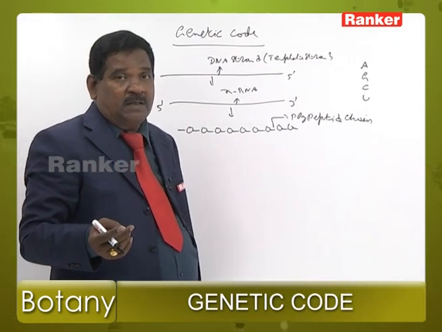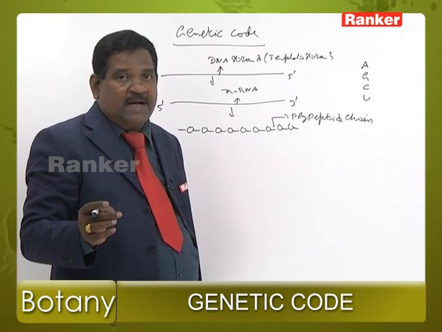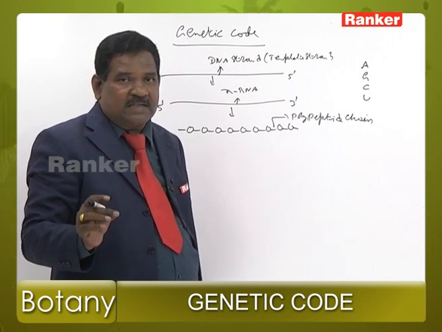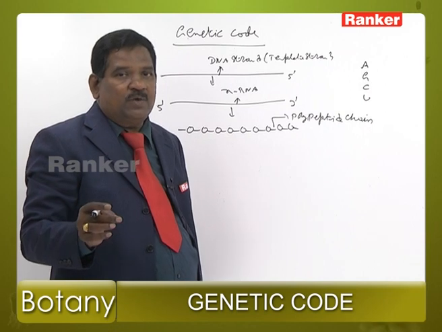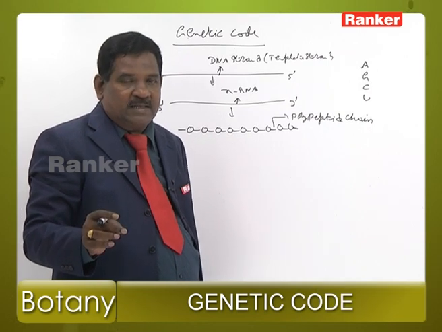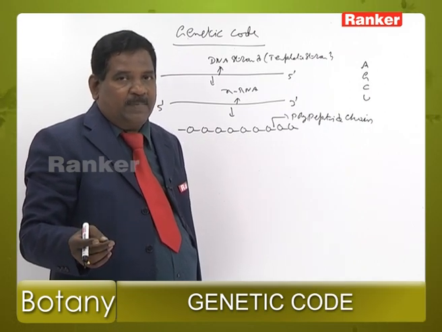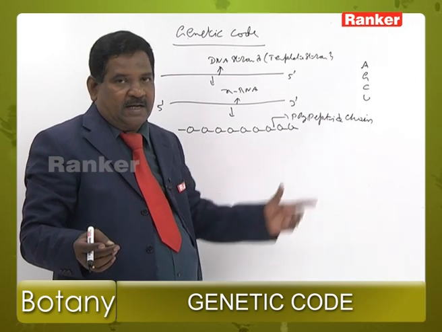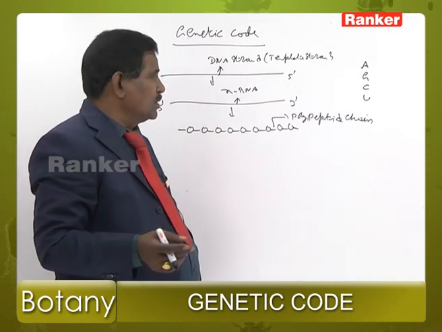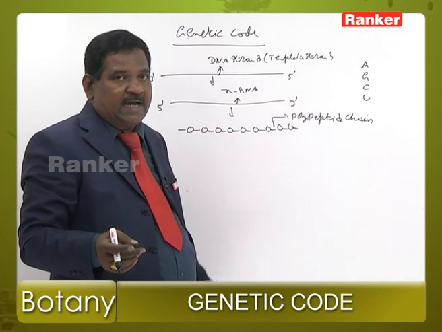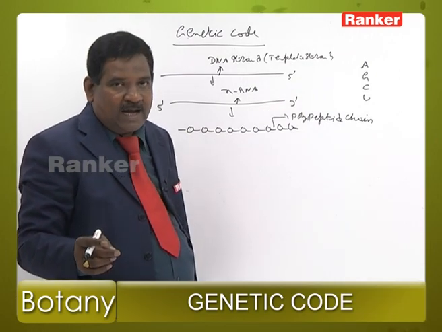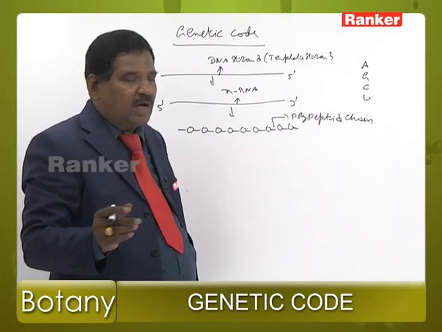What is codon? A group of nucleotides that recognize one amino acid is called codon. How many nucleotides or how many nitrogen bases? A nucleotide depends on the type of nitrogen base in RNA. Suppose one nucleotide recognizes one amino acid, what is the possible number of codons?